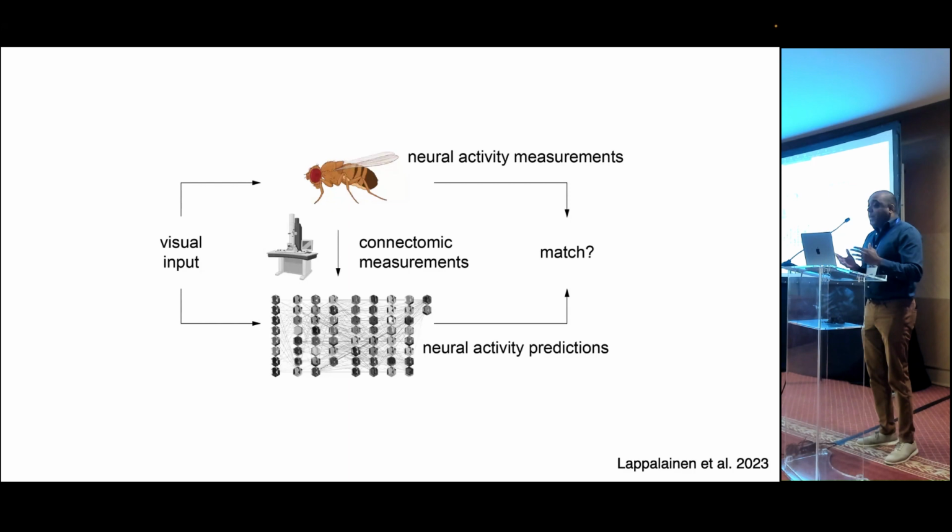And so we can compare the neural activity predictions from our model to the neural activity measurements made in the lab and ask how well does this model, constructed without any of that neural activity, predict neural activity. If we can do that well, then that suggests we have a strategy for generating predictions of neural activity from connectivity.